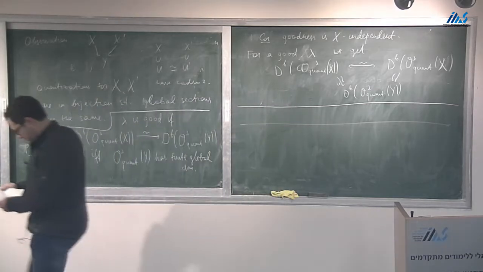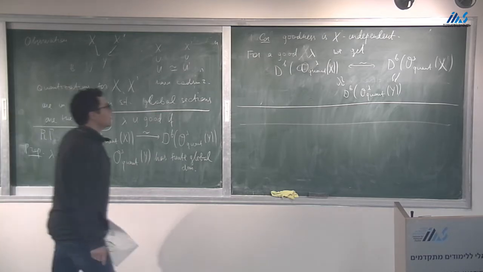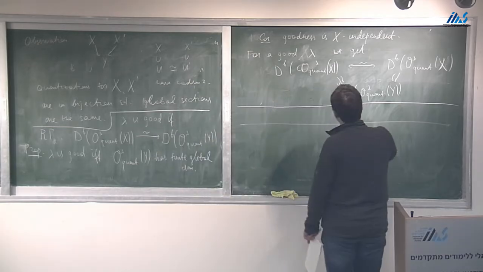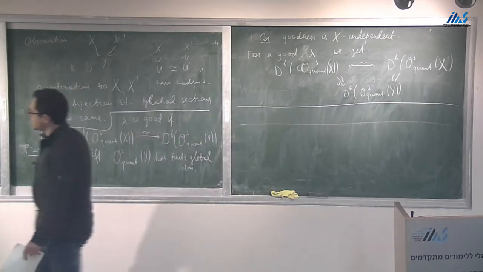And so now we get to more non-trivial things. To proceed further, we need to understand that initially we wanted to work with categories of coherent sheaves, not with this quantized thing.